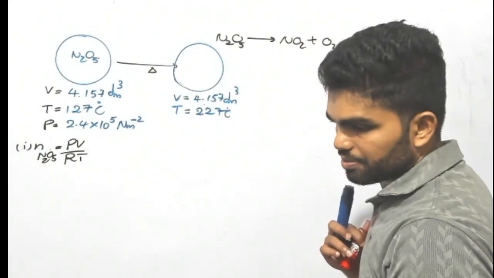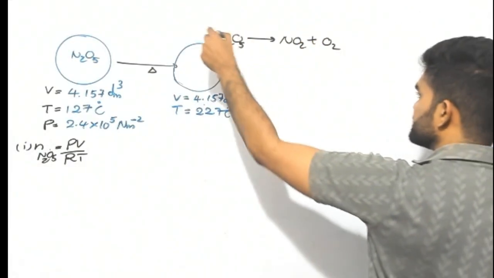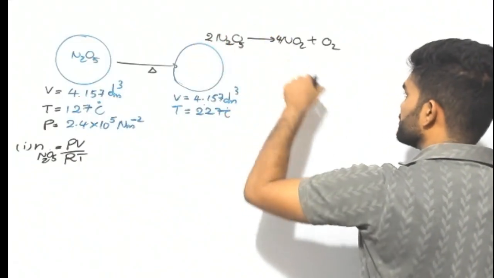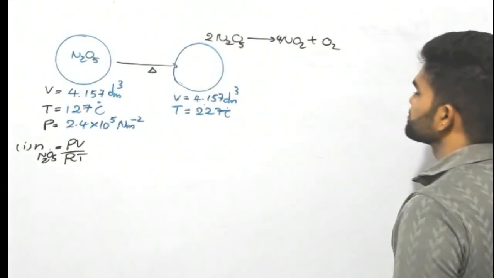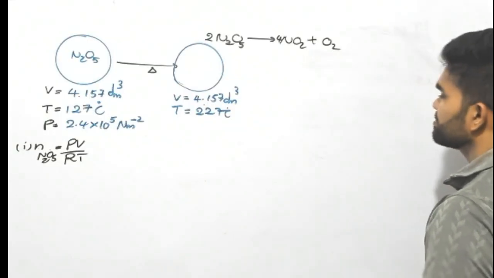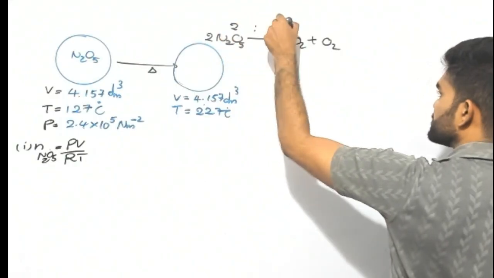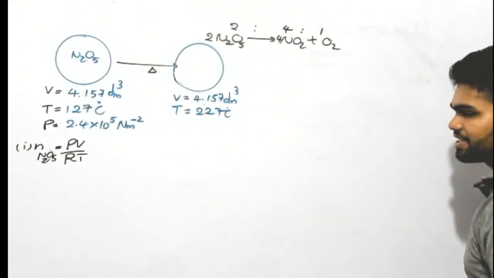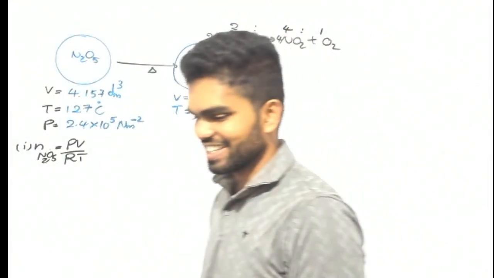So we need to balance it: N2O5 gives NO2 and O2. Make a balance, 10 oxygen atoms are there. So the ratios will be 2:4:1, a nice ratio for a question.